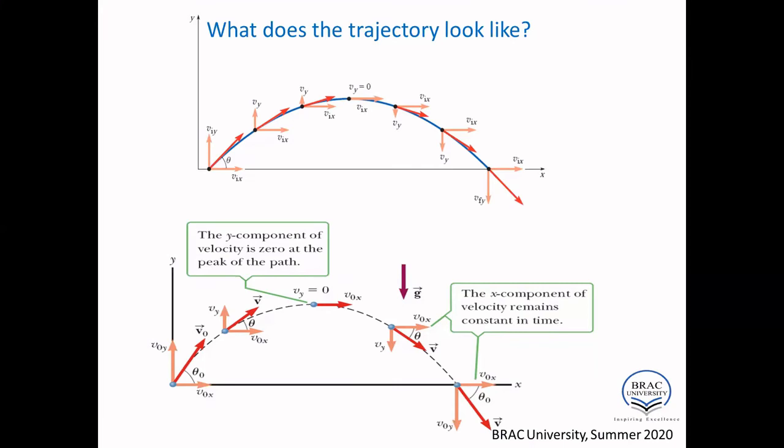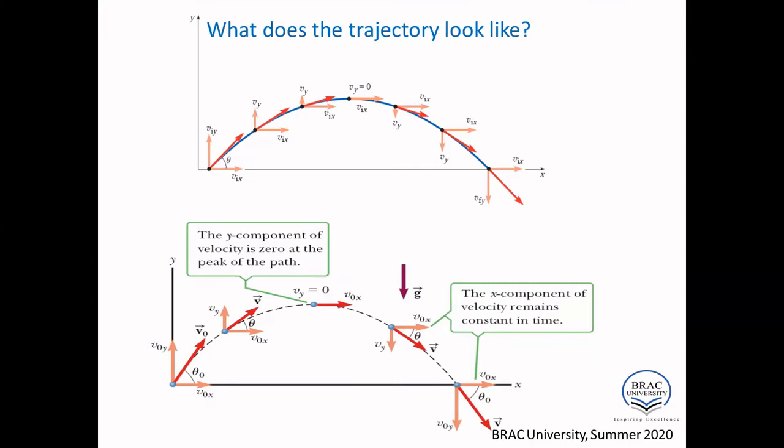From the figure, it's clear that the x component of velocity is always constant and equal to v naught cos theta.